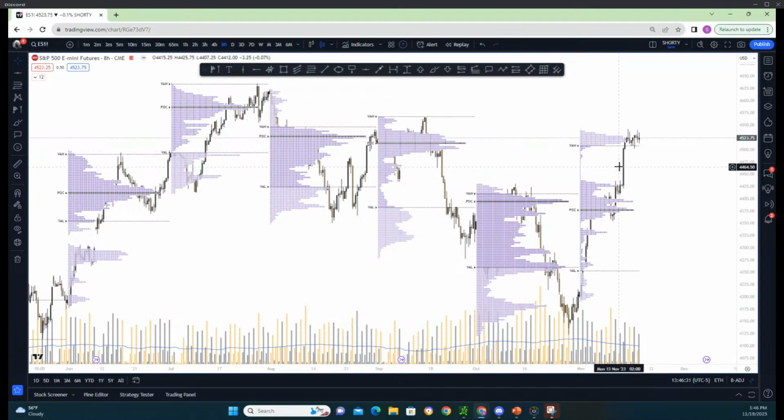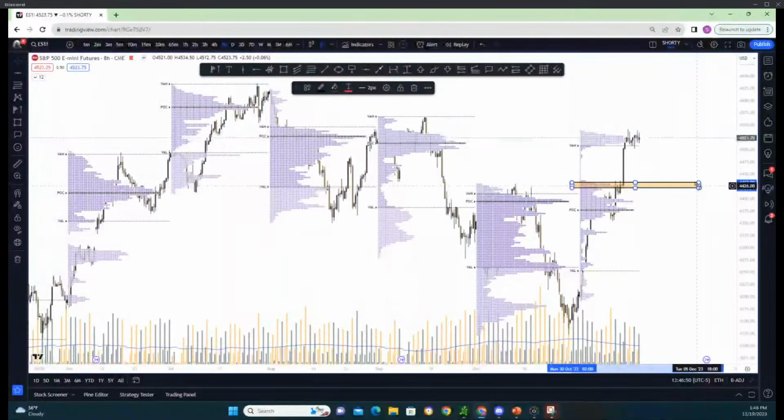Especially when you have this poor structure here. I mean, come back to this level at 440.25, I'll take it because that's also August value area high. That was the monthly framing up at this level. Give me this level for a retest, I'll take it long. I'm not going to be married to it, but I'll take this long over this long. For sure.